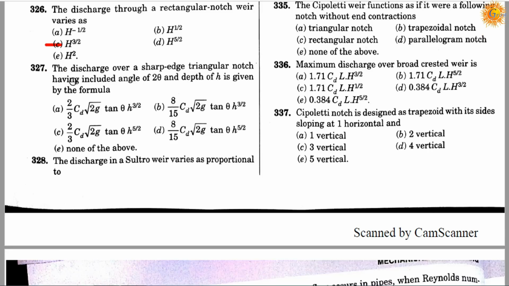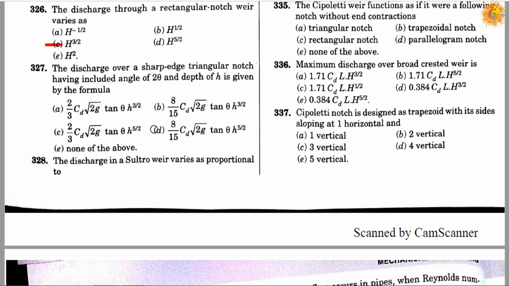Question number 327. The discharge over a sharp edge triangular notch having included angle of 2 theta and depth of h is given by the formula: option A, 2 upon 3 CD under root of 2g and tan theta h power 3 by 2; option B, 8 upon 15 CD under root of 2g tan theta h power 3 by 2; option C, 2 upon 3 CD under root of 2g tan theta h power 5 by 2; option D, 8 upon 15 CD under root of 2g tan theta h power 5 by 2; and option E is none of the above.